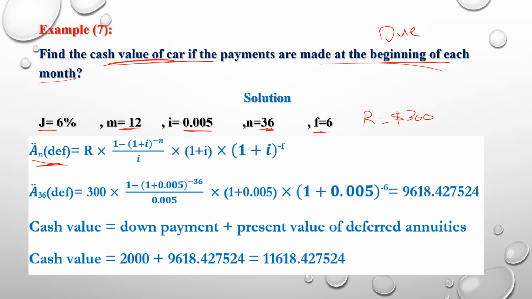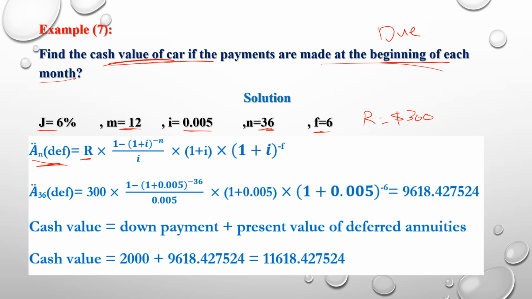By substituting these amounts in the formula of deferred annuity due, be careful here, we have another formula, which equals R times (1 minus (1 plus I) to the power of minus N) over I, times (1 plus I), times (1 plus I) to the power of minus F. So the formula of the annuity due is different from the formula of the ordinary annuity.